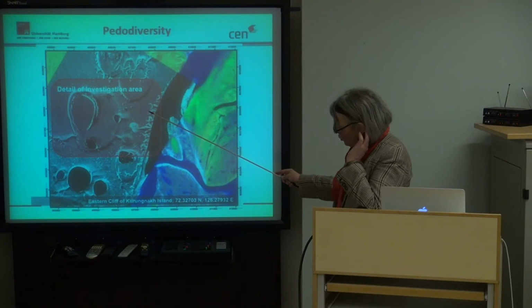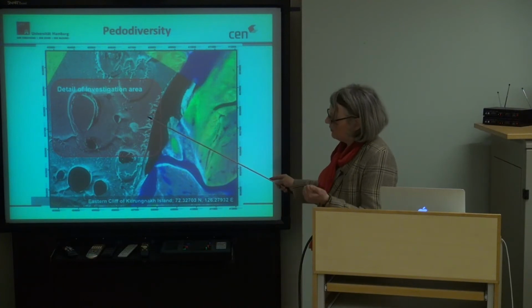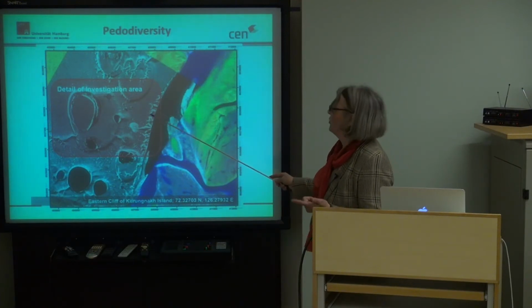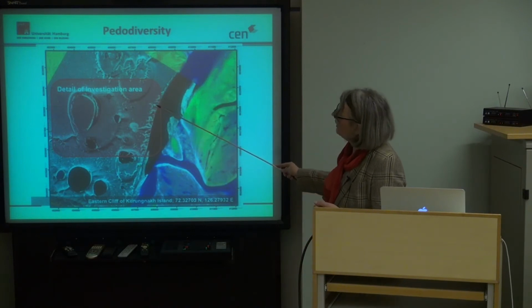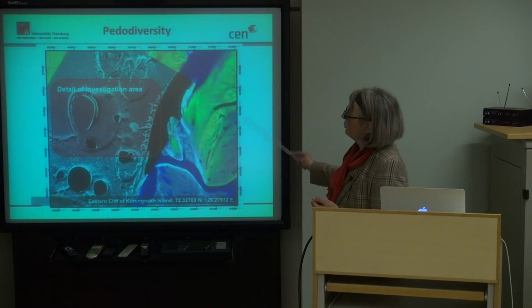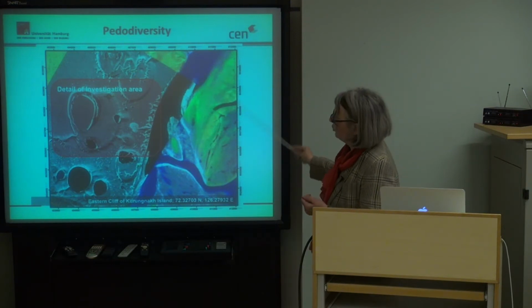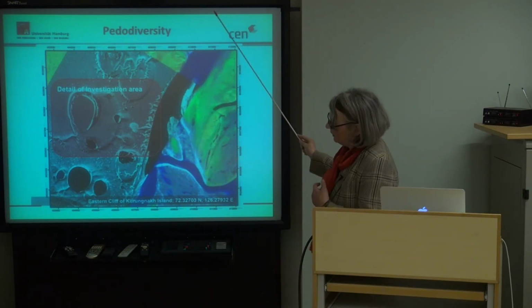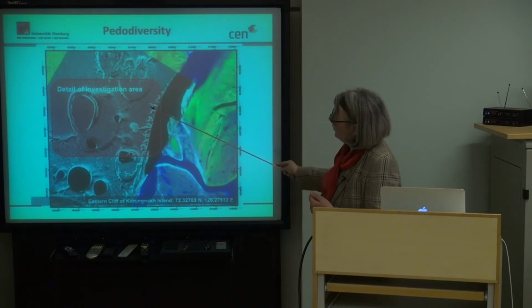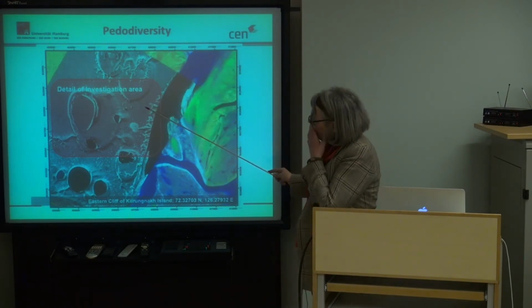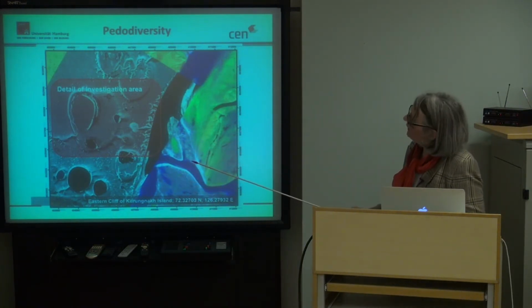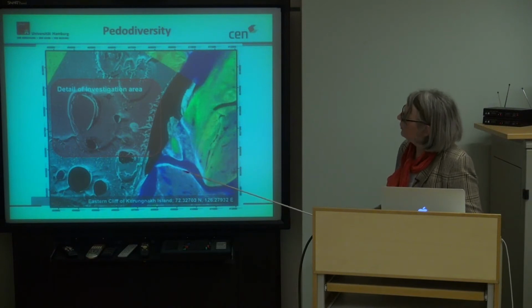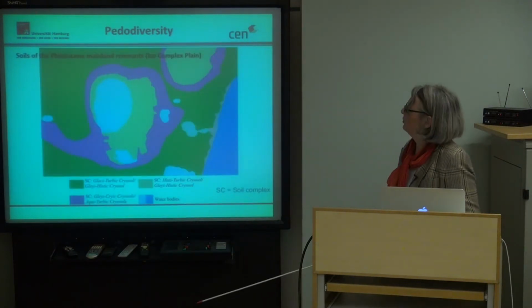The guys who worked for my group, that means the master student and also the PhD student, had with Russian colleagues a small summer camp here, and they stayed there because it makes no sense to travel 1 hour every day back to the station. So they had the fun of a real field trip, and they investigated this area concerning the pattern of soils and also took samples for the carbon pool and nitrogen pool.